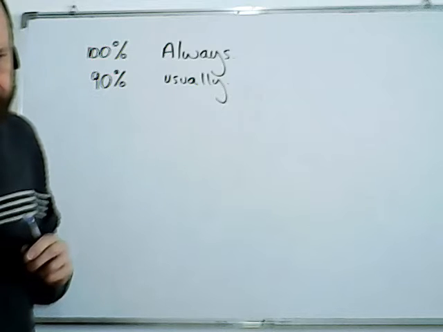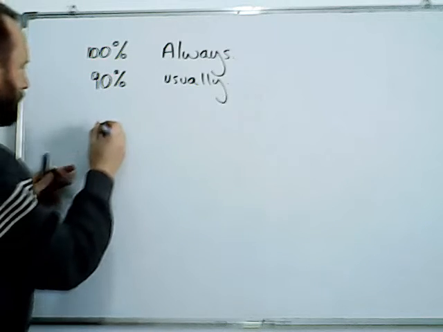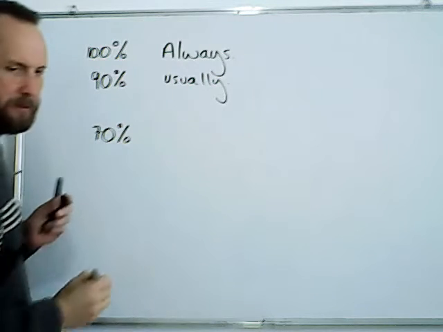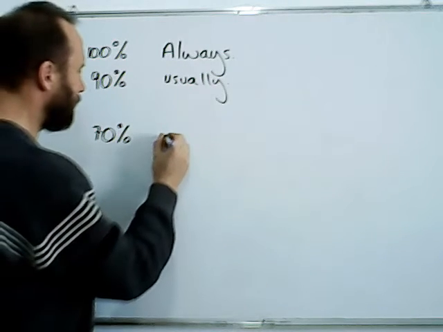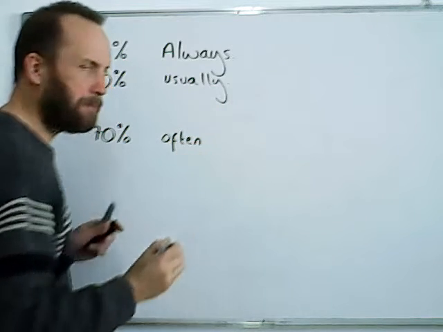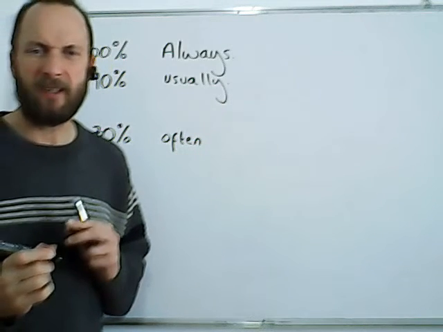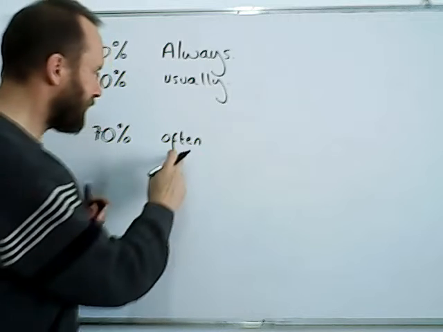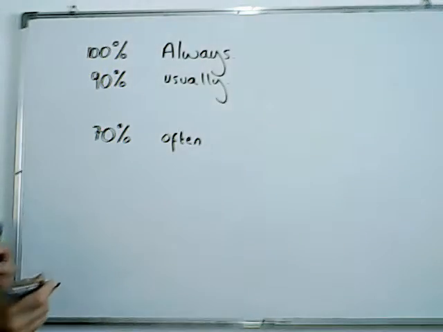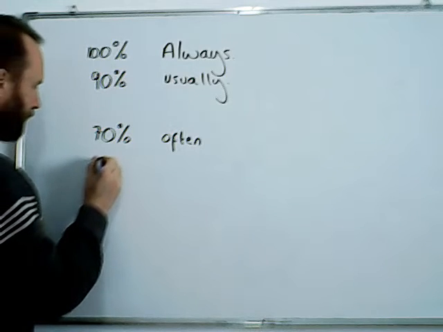Okay? Then we've got maybe 70% true. We say often. Notice the way I pronounce that. It's not often, it's often. The T is silent, okay? Yeah? Okay.